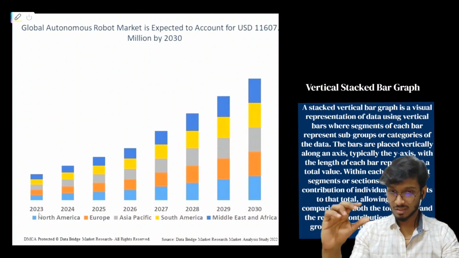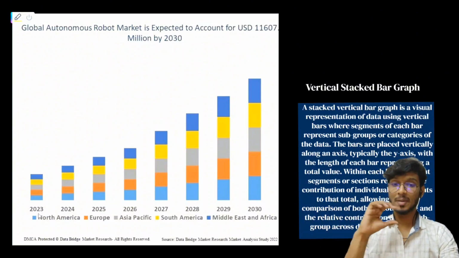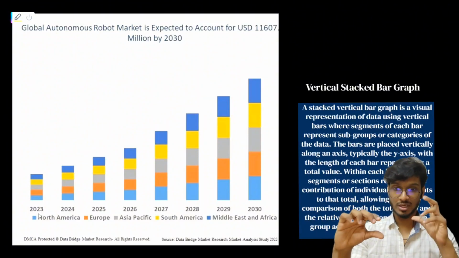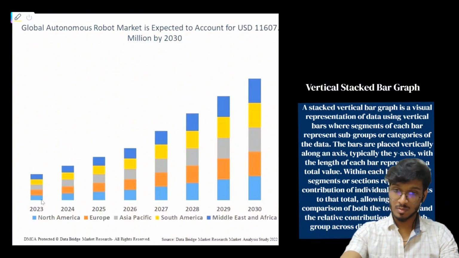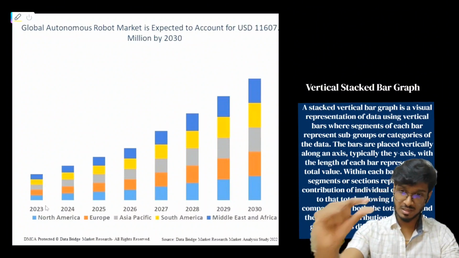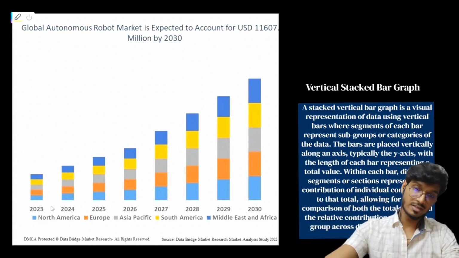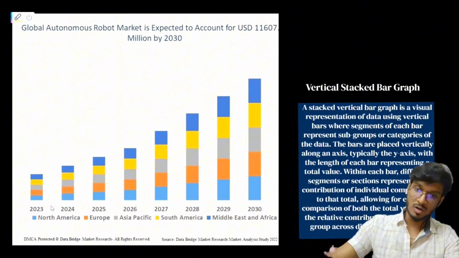In 2023, this is an expected graph, so it is not a past graph, it is about future expectations. In 2023, there was this particular amount in North America and this particular amount in Europe. In the same way, it is going to increase over a period of time in this one decade.